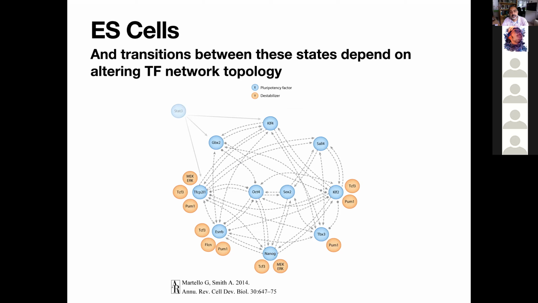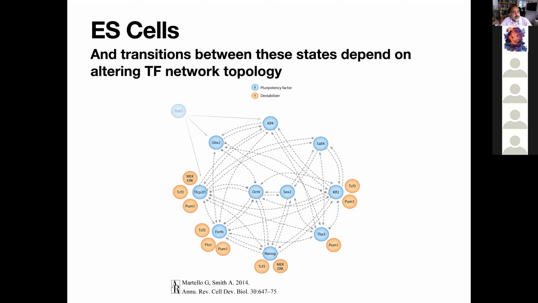And so again, we're coming to a common theme where upstream signals are activating downstream transcription factors, which are organized in some network, and that network ensures robustness, but also some level of switchability. And so by changing some of this network, you can start changing the behavior of the cells, okay? And in this case, the behavior of the cells is what cell types it's able to differentiate to.